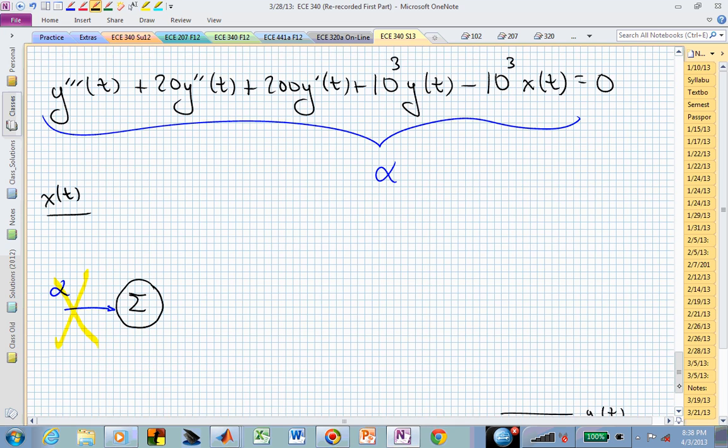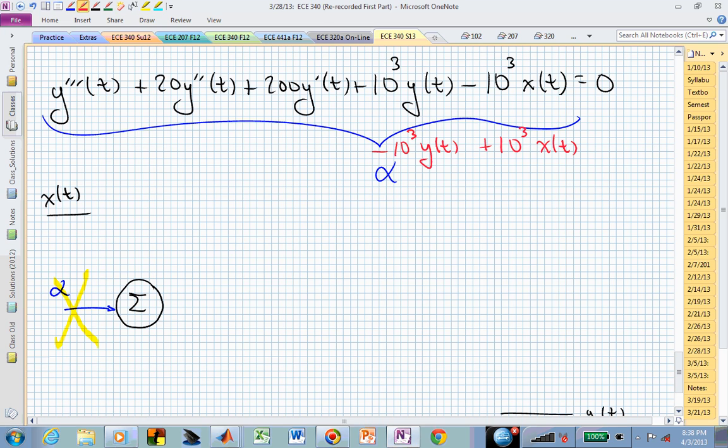If I have those available to me, look at what I can do to this original differential equation, all of the terms being on the left-hand side. I can add 1,000x of t to that expression. I can also subtract 1,000y of t from that left-hand side.